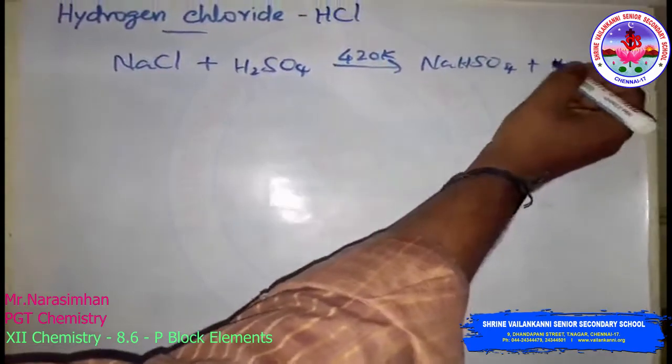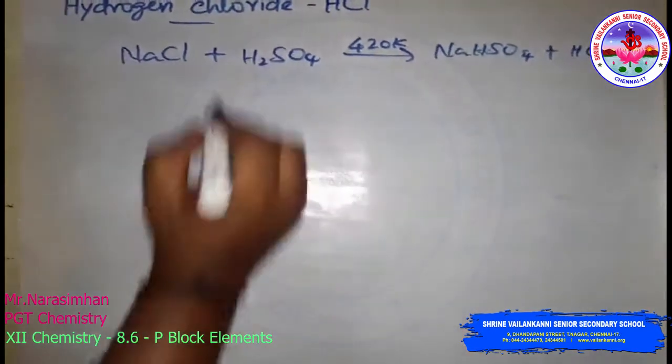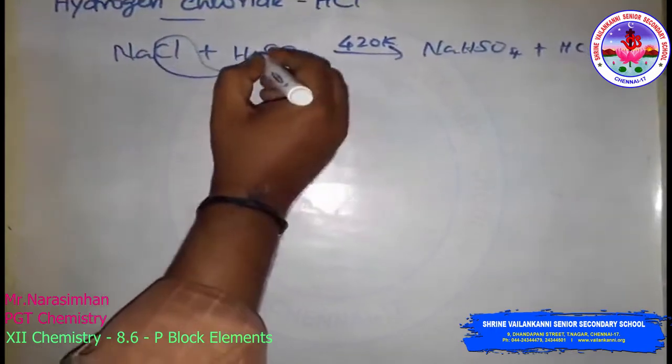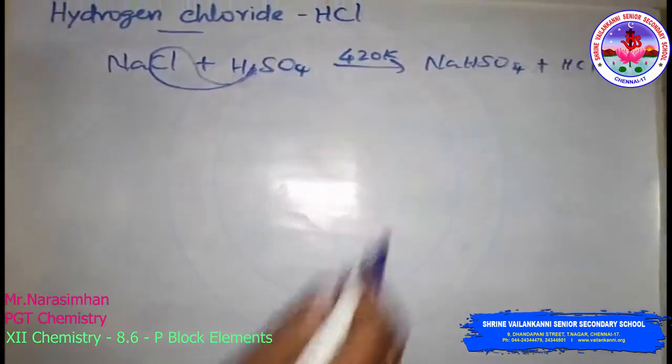One hydrogen is attached to the chlorine, and the remaining is NaHSO4.